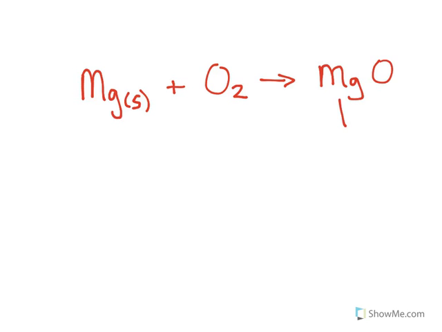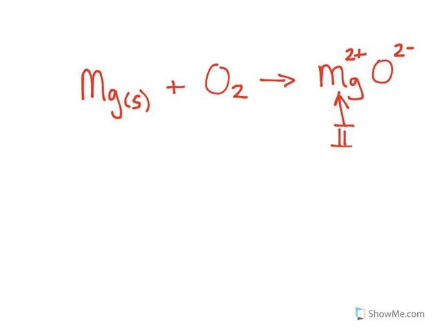Well, I know that magnesium is in group 2 of the periodic table, so I know that it is hankering after 2 electrons, which it will easily be able to give away. It wants to give away 2 electrons to oxygen, and oxygen is missing 2 electrons. So it will form the ion magnesium oxide.